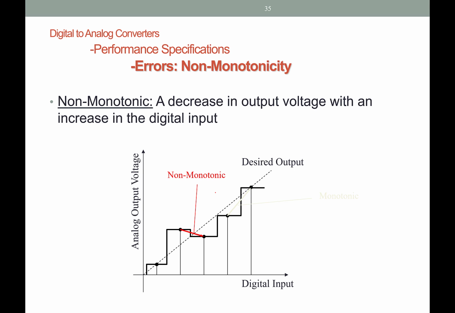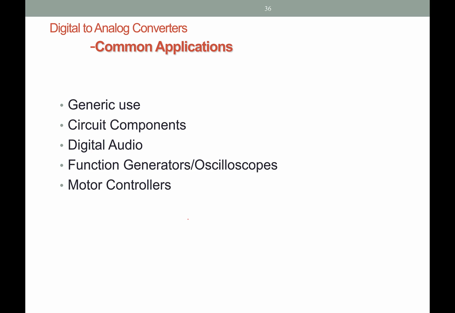You do not expect to go from 001 to 010, and that raises the voltage to some level, and then when you go to 011, you would not expect that voltage to be less than the voltage for 010, but it could be if you have this non-monotonic error. Obviously, that's in a way sort of the worst case scenario from the errors that we have seen.